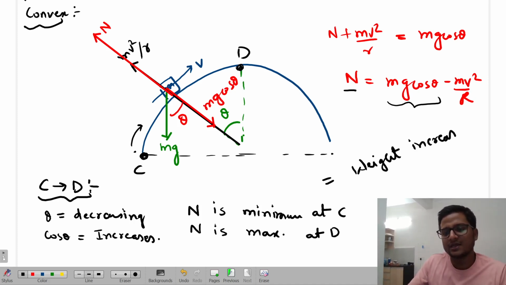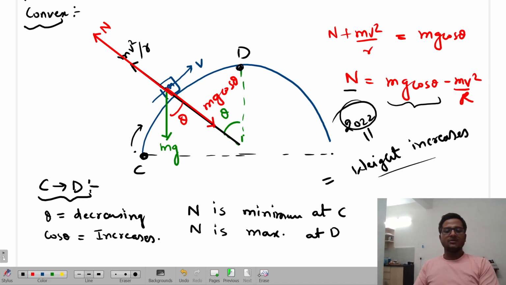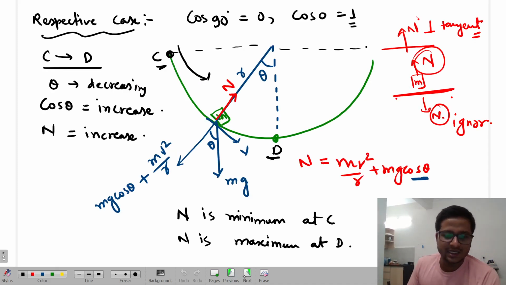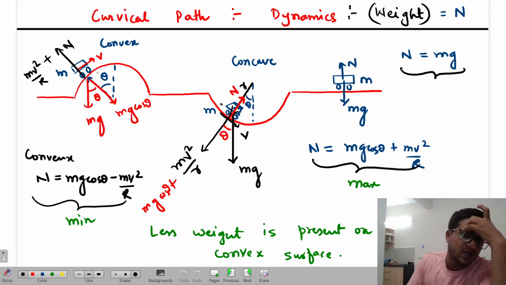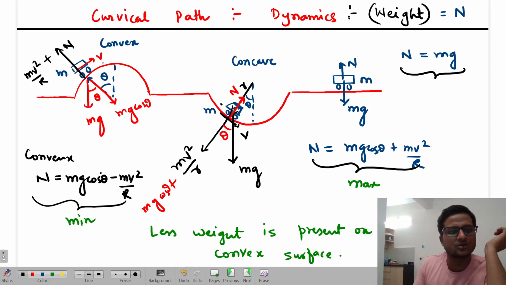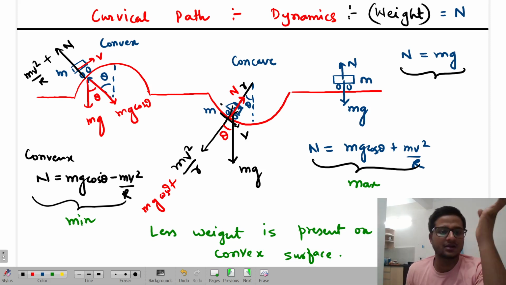So once again, weight increases. यही नीट 2022 में पूछा था. And many people will say that weight is decreasing क्योंकि उनको लगता है कि ऊपर जाने से क्या होगा, cos थीटा की वैल्यू ऊपर जैसे जैसे जाऊंगा, अपन का जो नॉर्मल इसमें से mv स्क्वायर की टर्म जो है ना वो घटते जाएगी, इसके वजह से जो मेरा पर्टिकुलर है वेटलेसनेस फील होगा. बट ऐसा होता नहीं है इन रियलिटी.